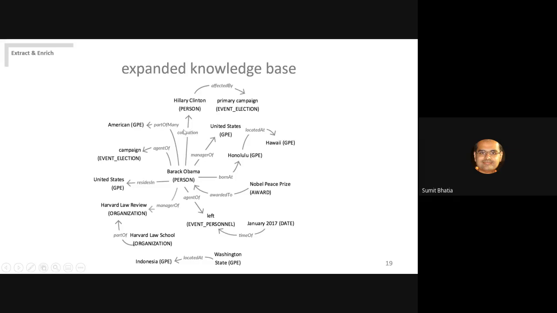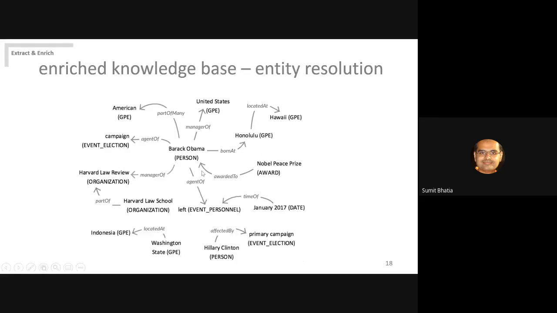What collocation is telling you is that we don't know the exact relationship between Hillary Clinton and Barack Obama. It's just that they are co-located to each other in the input source. They are close to each other. That's all we know. So essentially, it is saying we know there is some relation, but we just don't know the name of the relationship. We don't have enough knowledge. The advantage of doing that is that your graph again becomes a bit more consolidated.